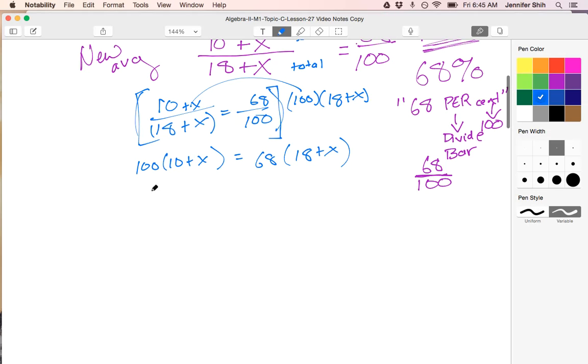And this is where having your calculator is very handy, either a handheld calculator or the calculator on your Chrome. And then you're going to end up getting 1,000 plus 100x is equal to 1,224 plus 68x. And we are going to solve for x now by isolating the variable.